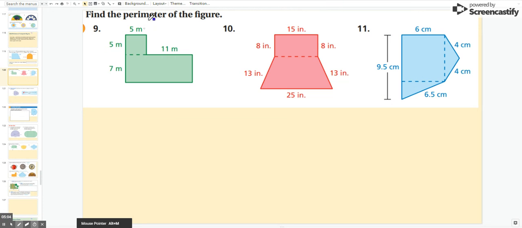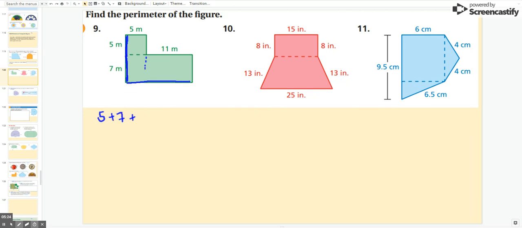Let's look at these three examples. So let's find the perimeter of the figure. I'm going to start from here. You'd better mark where you start. 5 plus 7. And what is the length here?